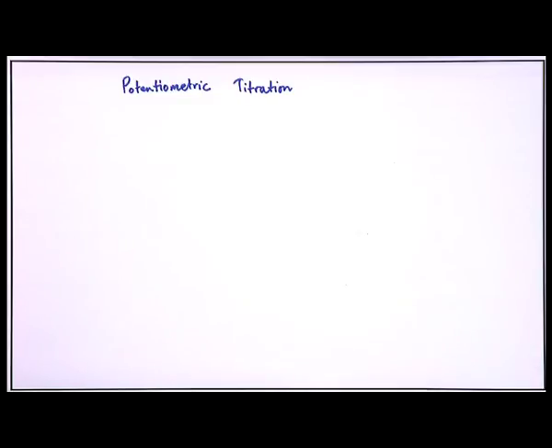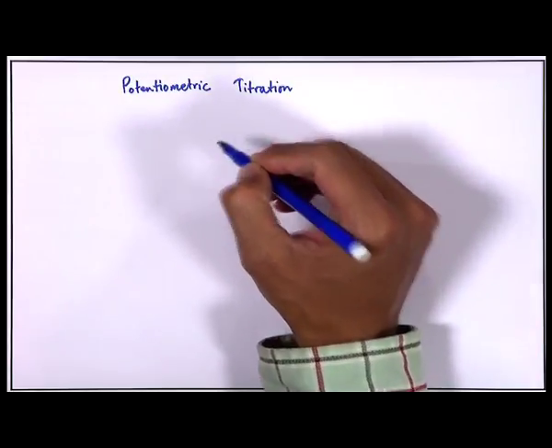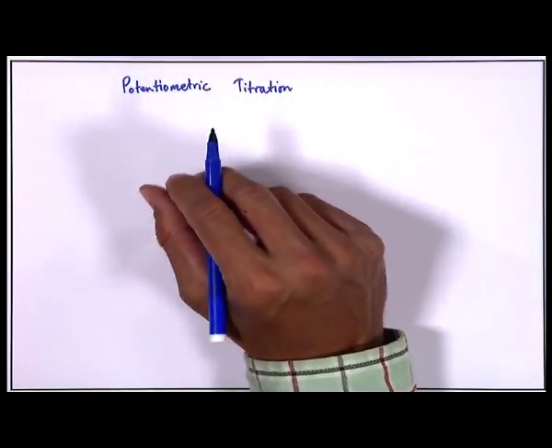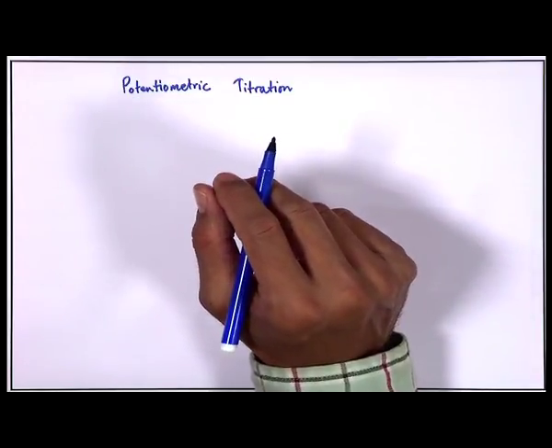That means, you construct a cell, and within that cell, maybe in one of the two half cells, you carry out some titration reaction, and as a result of addition of your titer, the concentration of the reactant is getting changed as a result of dropwise addition of your titer.